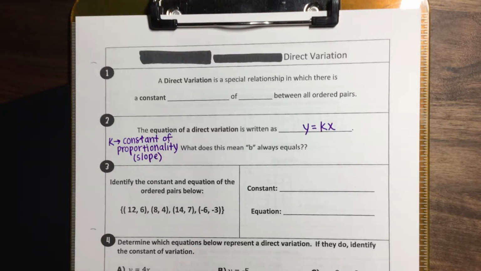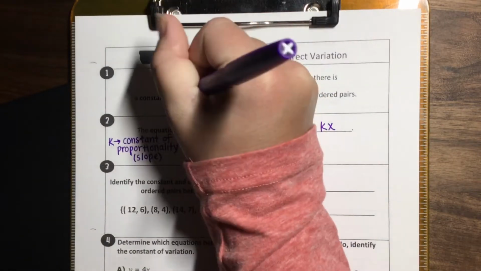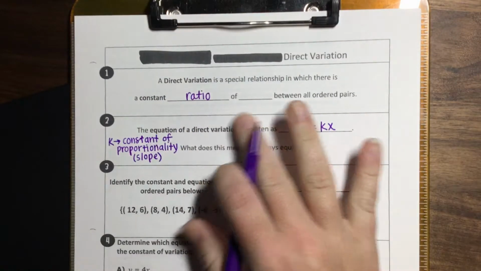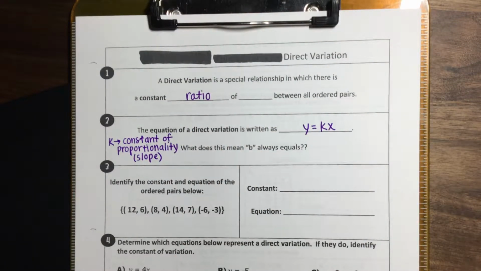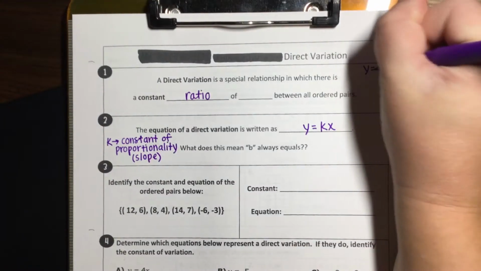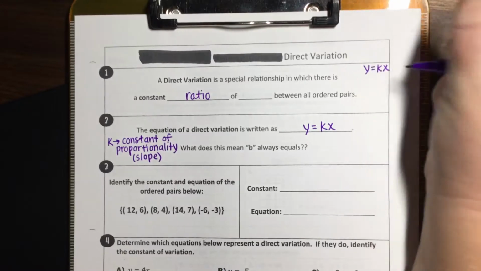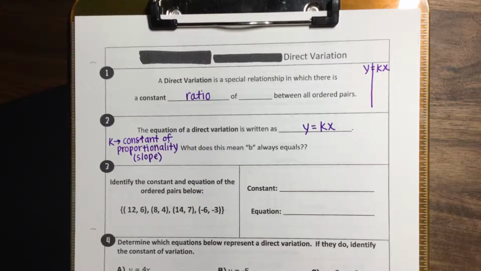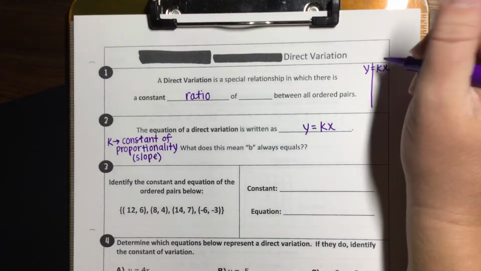All right, we're going to jump back up to the top. It says a direct variation is a special relationship in which there is a constant. You'll see in just a second that's going to be a ratio of, and we're going to figure that out real quick. So I know my equation is y equals k times x. We've got to solve for our constant, which is in this case k.